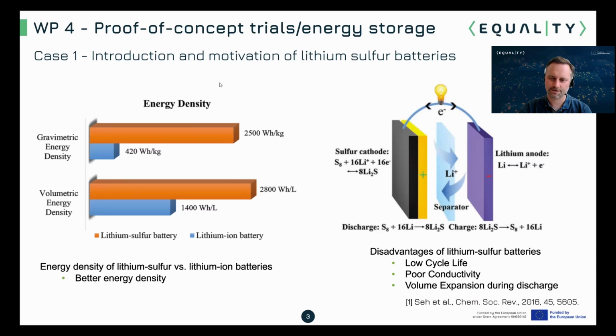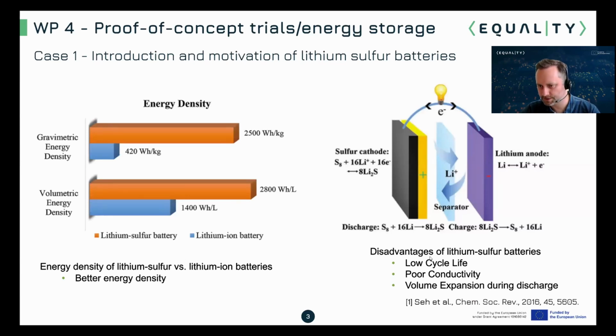So now, what are the advantages of lithium-sulfur batteries as compared to the traditional lithium-ion batteries? It's energy density. Both the gravimetric energy density measured in watt hours per kilogram and also the volumetric energy density, energy per volume, are much higher as compared to the traditional lithium-ion batteries.